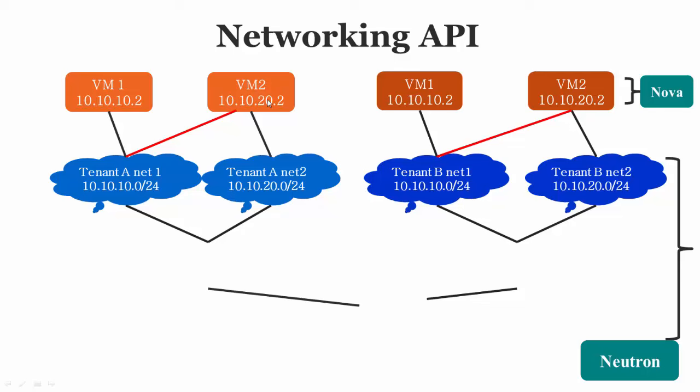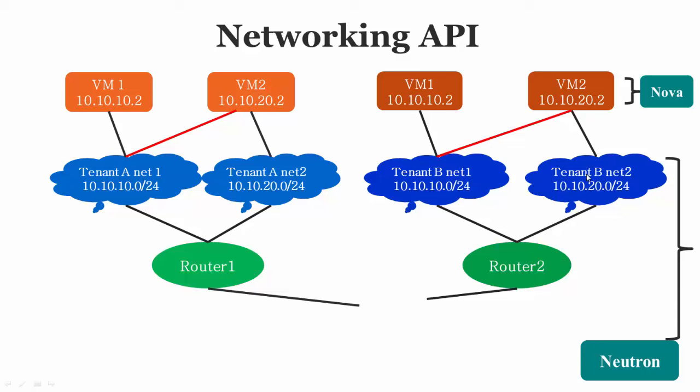So each virtual machine needs to connect to a tenant, and a tenant can have various network addresses. This one, 10.10.10.0, is subnet information using IP version 4. And each tenant needs to connect to the router.